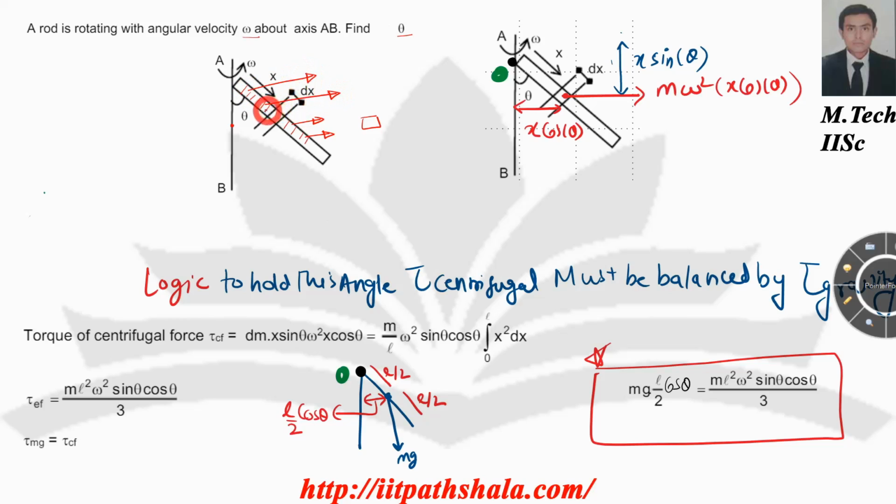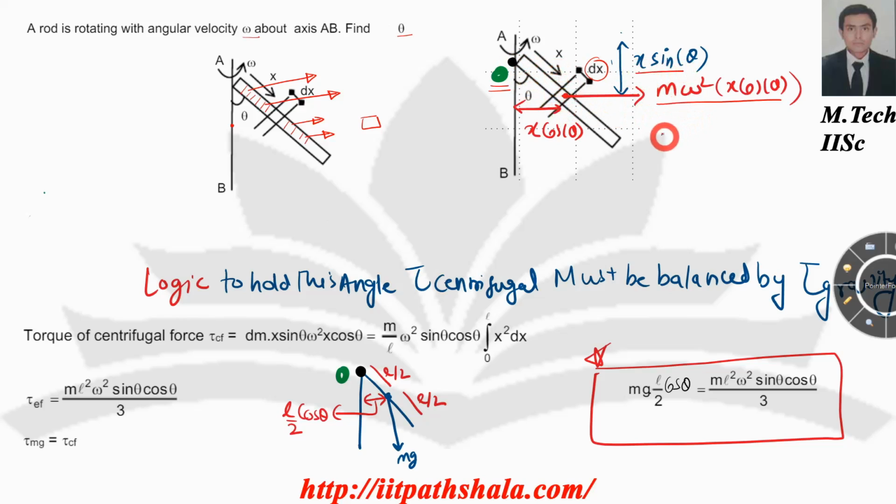So how can I account for each of the elements? I can take a small element dx at a distance x from here, and figure out its centrifugal force as well as the torque applied by this centrifugal force at this point in green, O. The distance between the force and this point O is x sine theta as per the diagram.